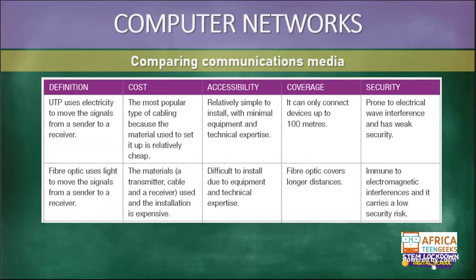But this one, again, there is need for the signals to be converted from digital to light signals. And then when it gets to the receiver's computer, the signals are converted from light signals into digital signals. So this is the work of the NIC. If you remember, the NIC does that.